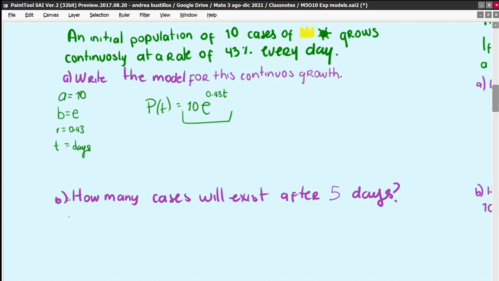So we will have 10 e to the power of 0.43 times 5 cases of coronavirus after 5 days.